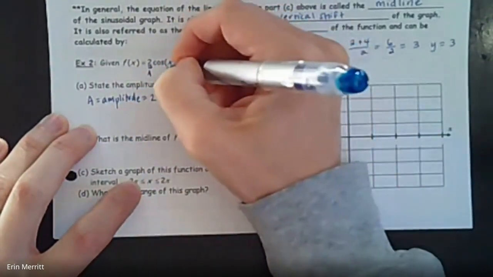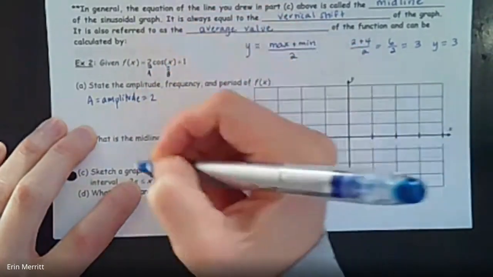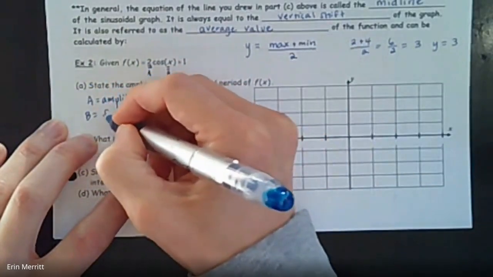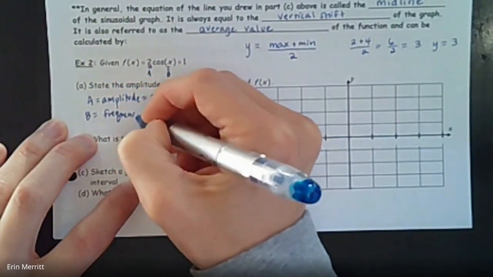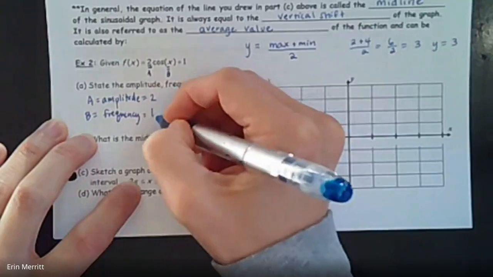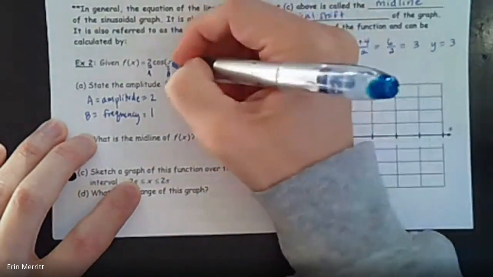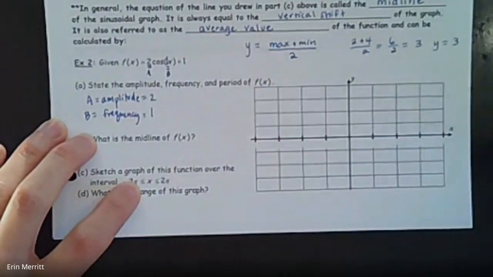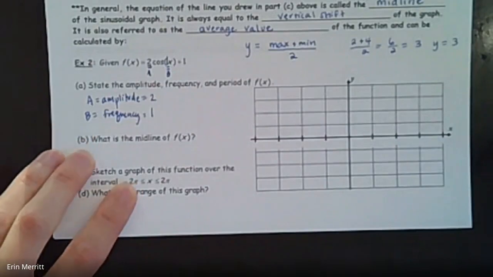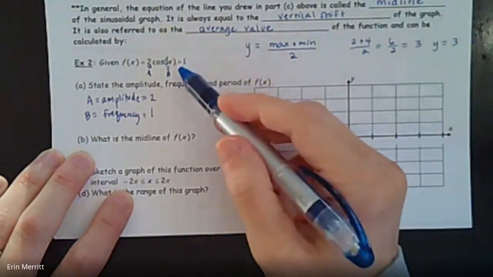The number in front of the x, that's your b value, which is your frequency. And since I don't see anything, we know that that's a 1 right there, right? So you can even fill that in if it makes it easier to remember. And in this case, we don't have a plus c going on inside, which means the c part is a 0.